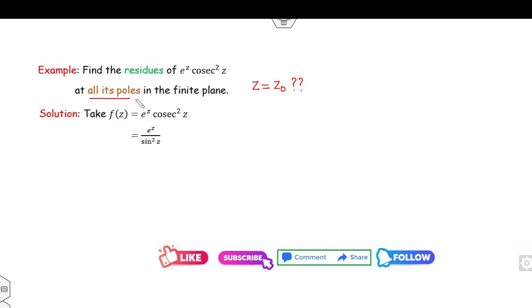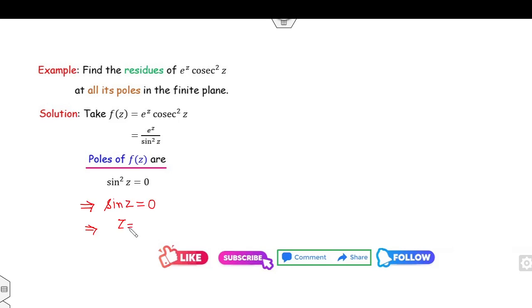It is not given, and they are talking about the poles. So can you find the poles of the function? The pole means the denominator has a 0. This implies sin z is 0, which implies z equal to n pi, with multiplicity 2.